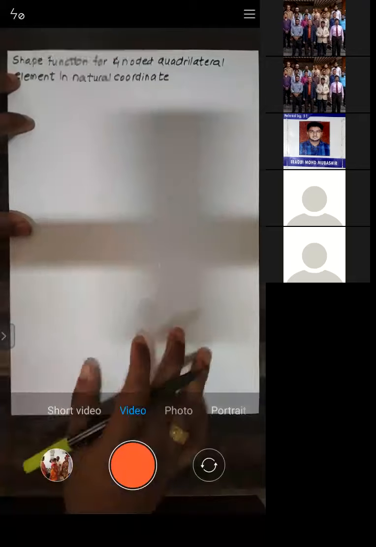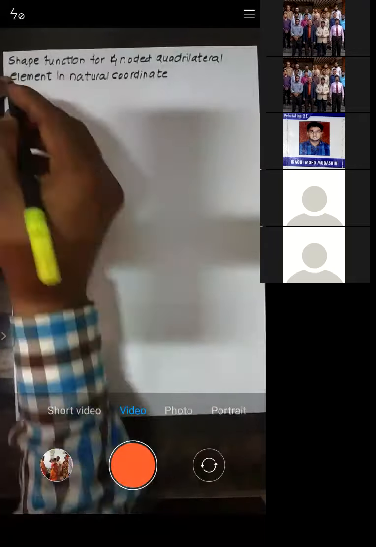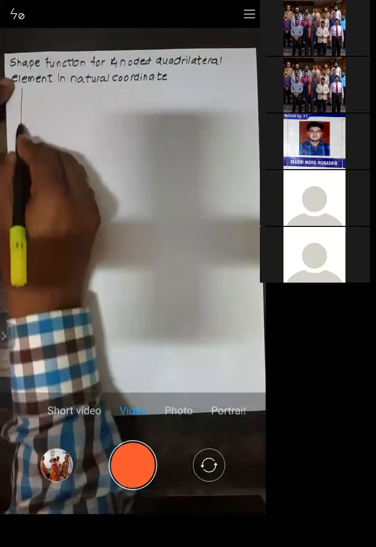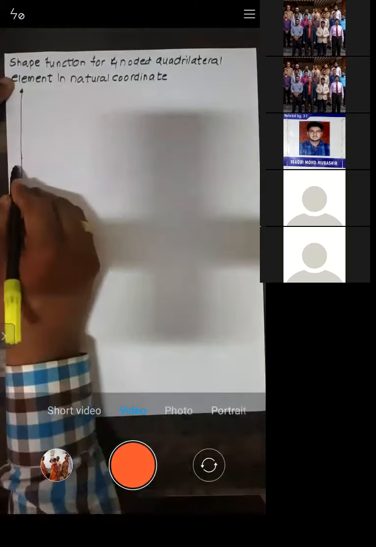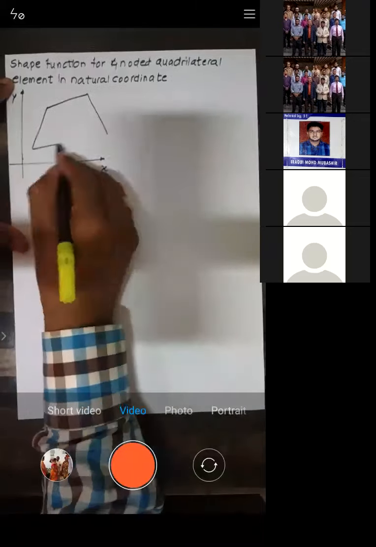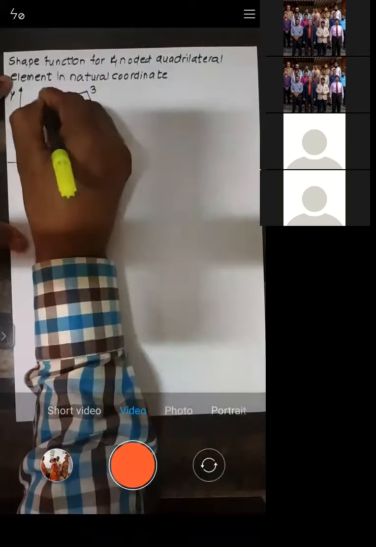See, if you see that four noded quadrilateral element in x and y coordinates, it is going to appear somewhat like this, right? Let this be node 1, let this be node 2, let this be node 3, let this be node 4.